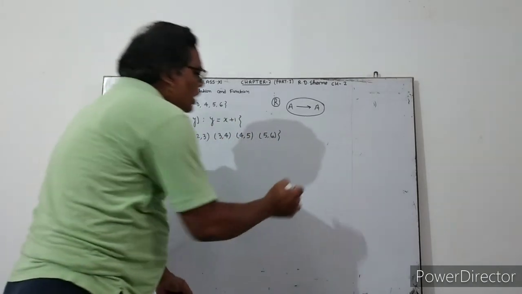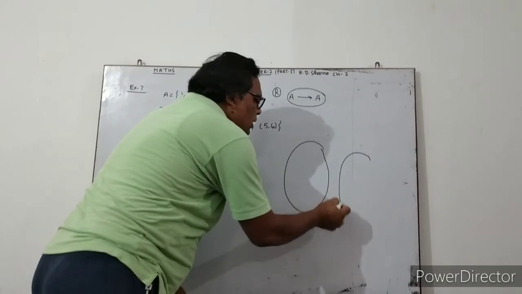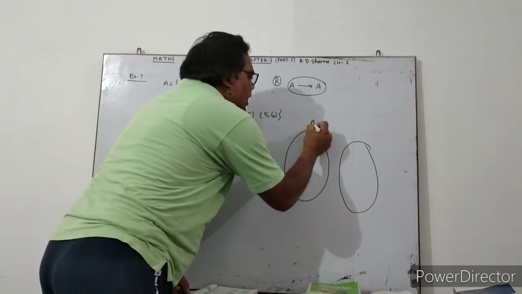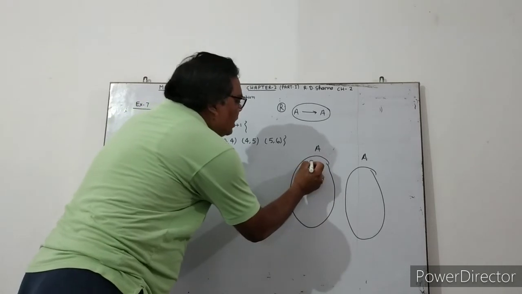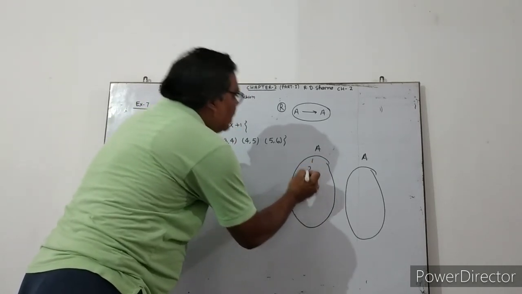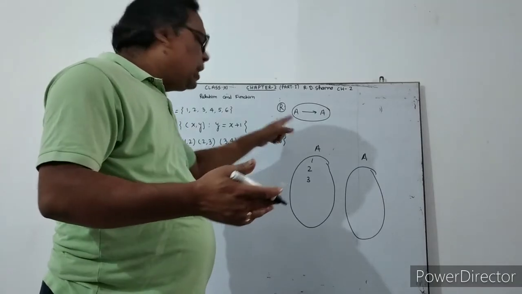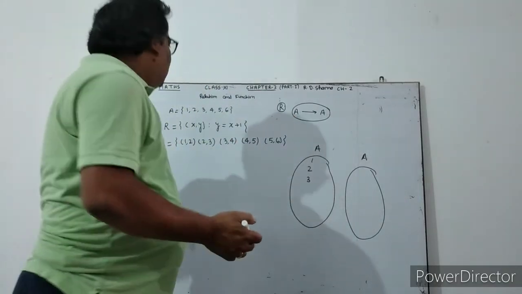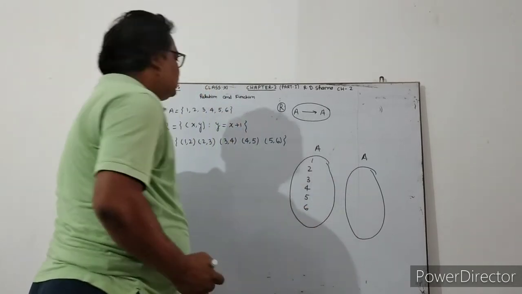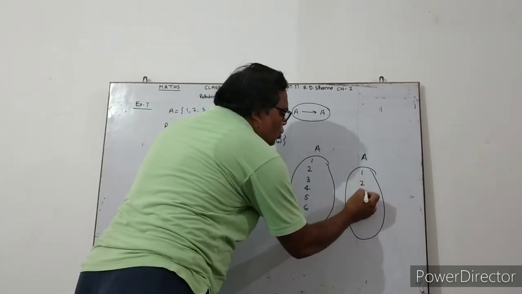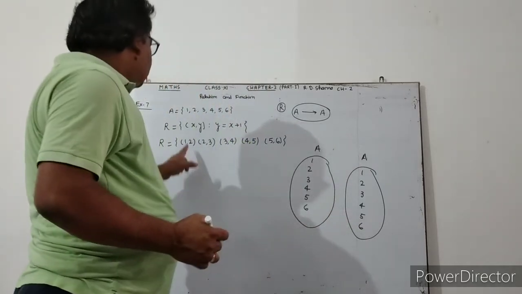Now how will we represent this in an arrow diagram? The relation is from A to A, though a relation could also be from A to B, but here it is A to A. On one side are 1, 2, 3, 4, 5, 6 and on the other side also 1, 2, 3, 4, 5, 6.